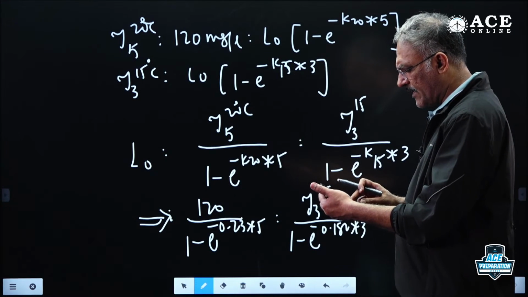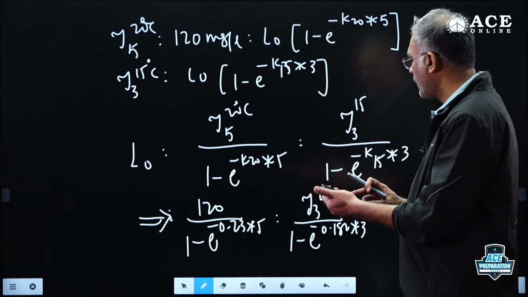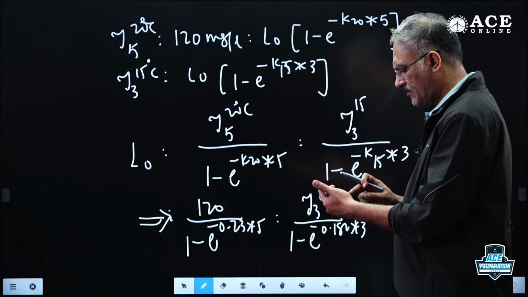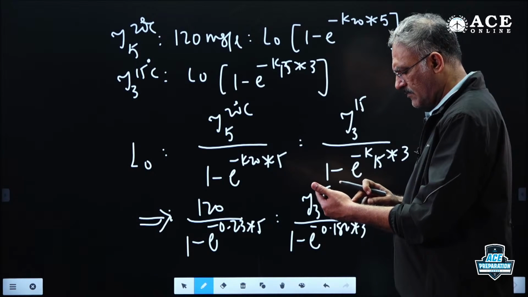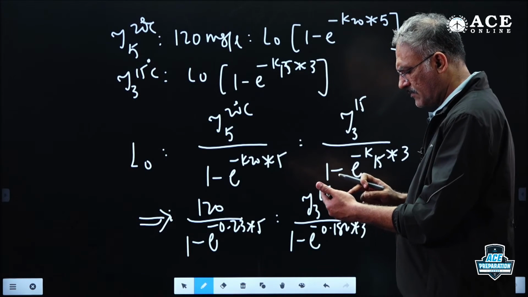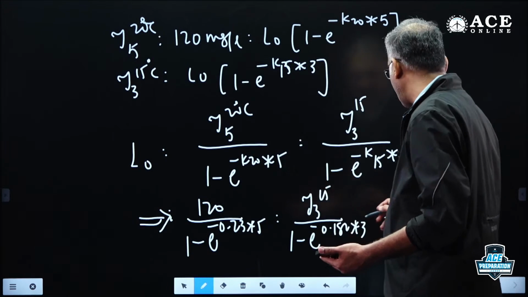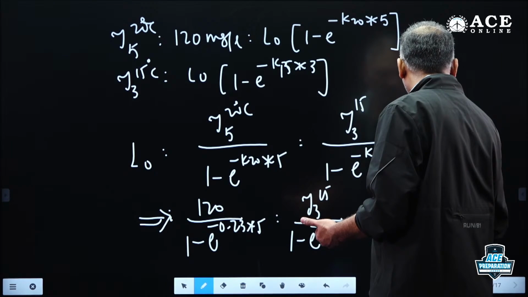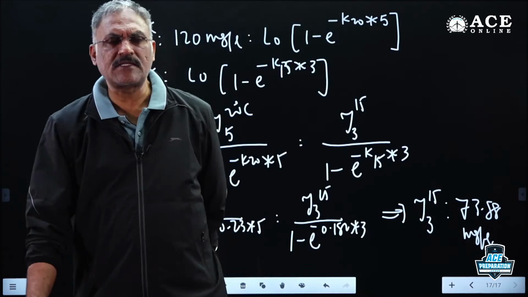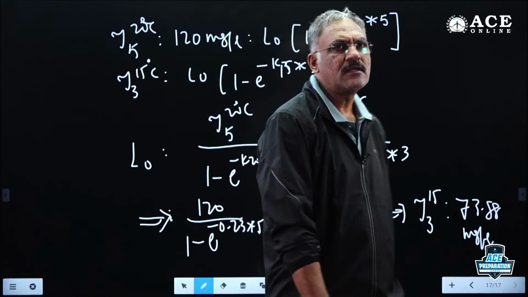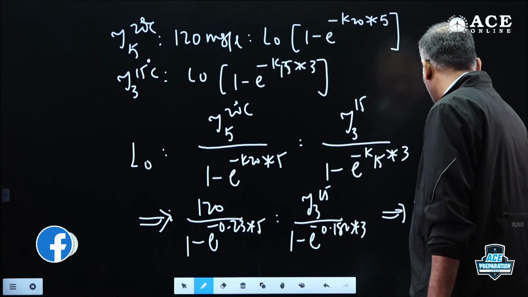The 3-day BOD at 15 degrees Celsius is 73.88. Definitely, when the temperature is less and the time is also less, the 3-day BOD at 15 degrees is much less than the 5-day BOD at 20 degrees Celsius.